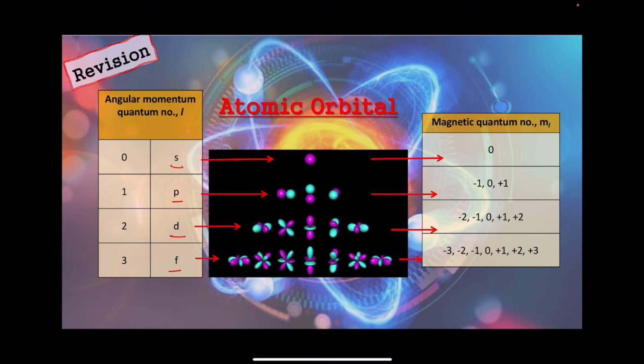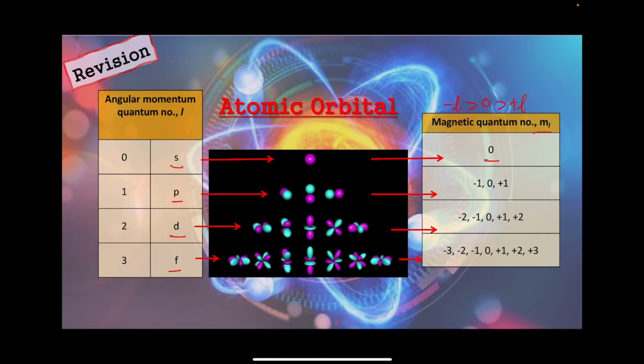And then, as I said in the previous slide, the angular momentum quantum number L also indicates the value of the magnetic quantum number ML, where ML can be defined from negative L to 0 to positive L. When L is 0, ML is also 0.